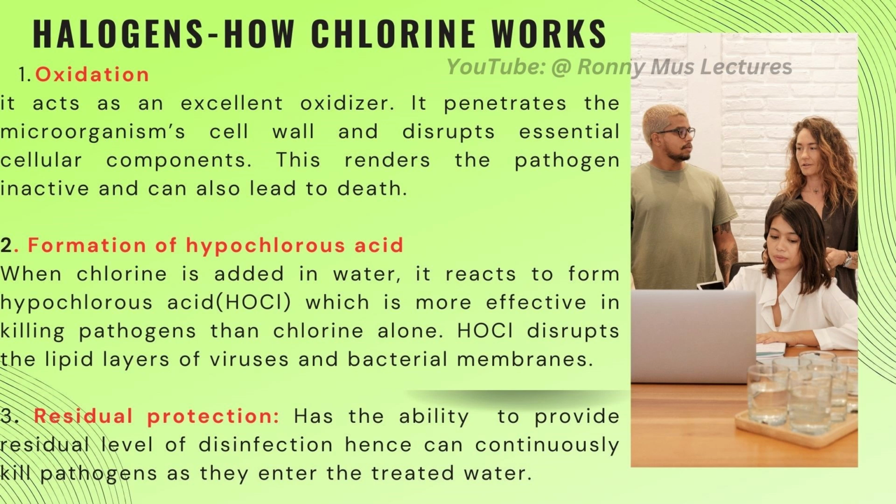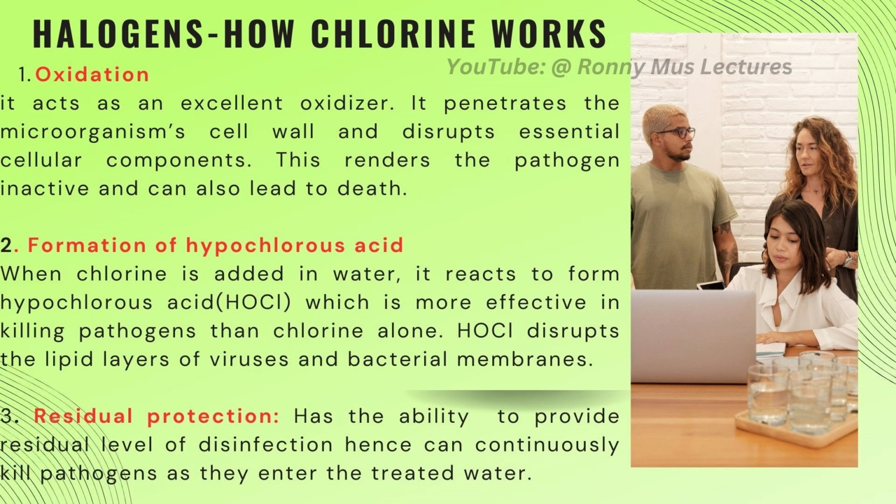How does chlorine work? It works through oxidation. It is an excellent oxidizer. It is able to penetrate the microorganism cell wall and disrupt essential cellular components. This renders the pathogen inactive, and it can also lead to its death.